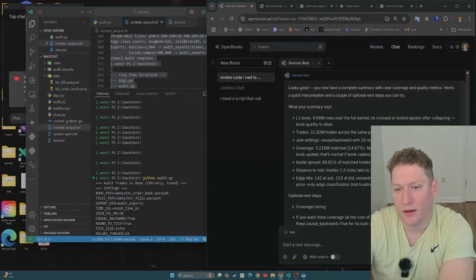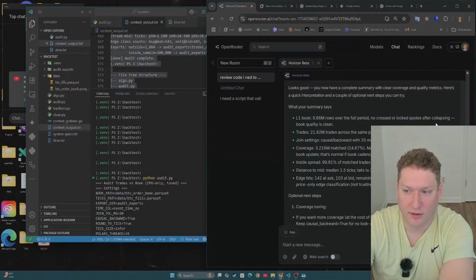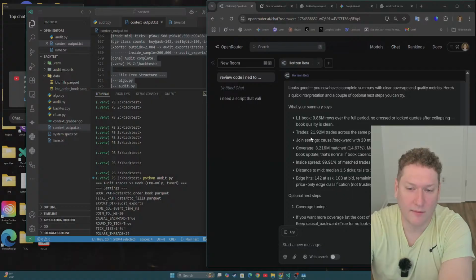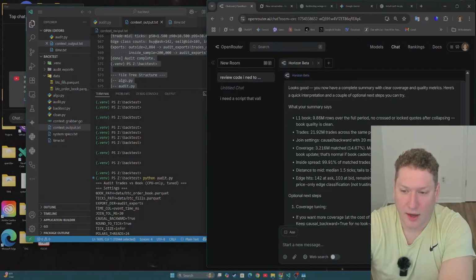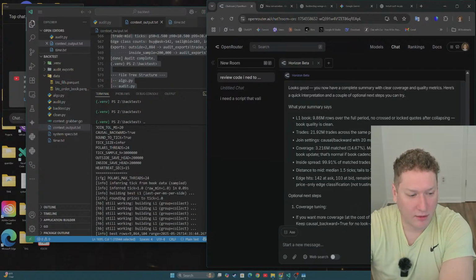Okay. So what your summary says: the L1 book has 9.86 million rows over the full period, no crossed or locked quotes after collapsing, so quality is clean. Trades: 21.92 million trades across the same period. Join settings: backward with 20 millisecond tolerance.